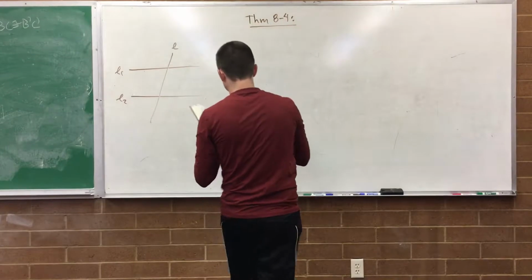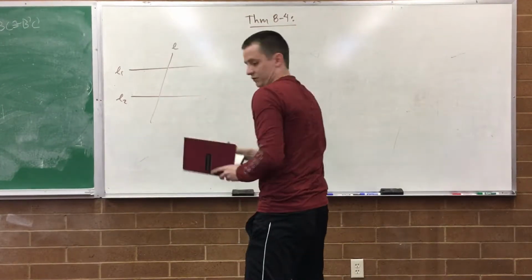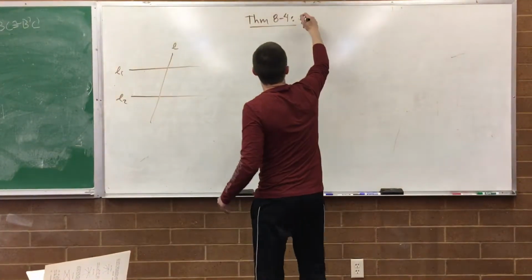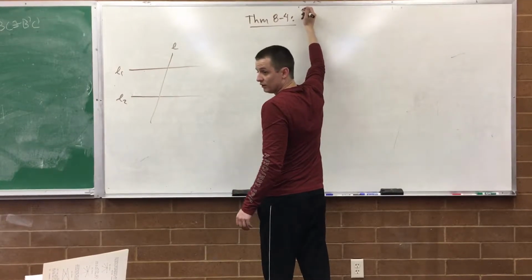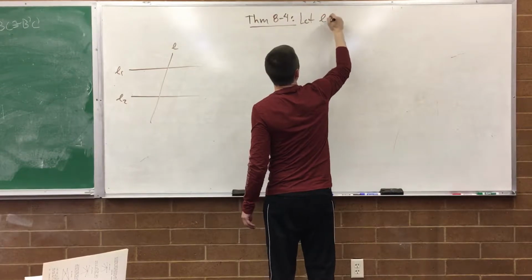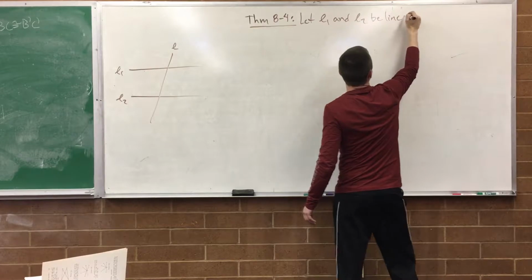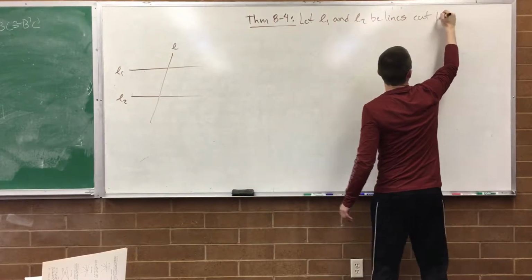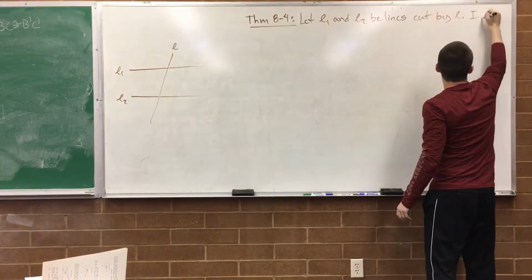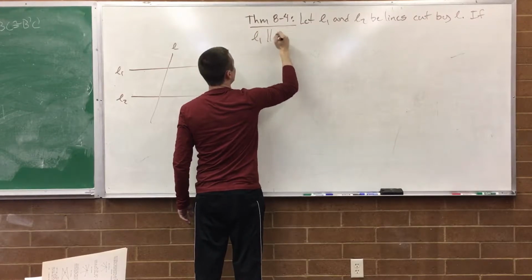So let's see. Oh, turn the page. Do one of you guys just want to read it to me and I'll write it as we go? Let L1 and L2 be lines cut by line L. If L1 is parallel to L2, then two alternate interior angles are congruent to each other.